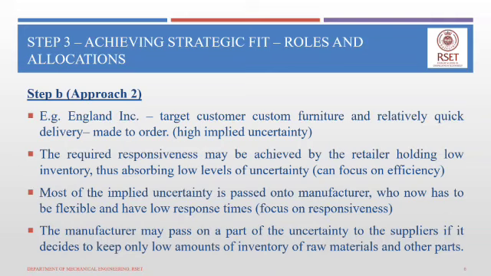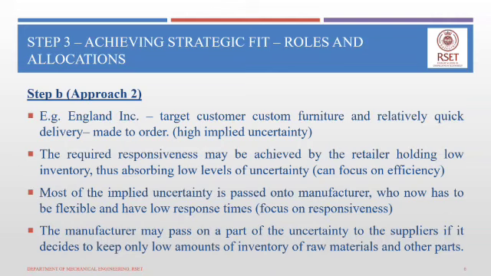So this is not a made to stock kind of manufacturing system. Customers generally want customized furniture, so you cannot make it previously and store it. You have to wait for the customer order and then manufacture. That's why it's called a made to order system.